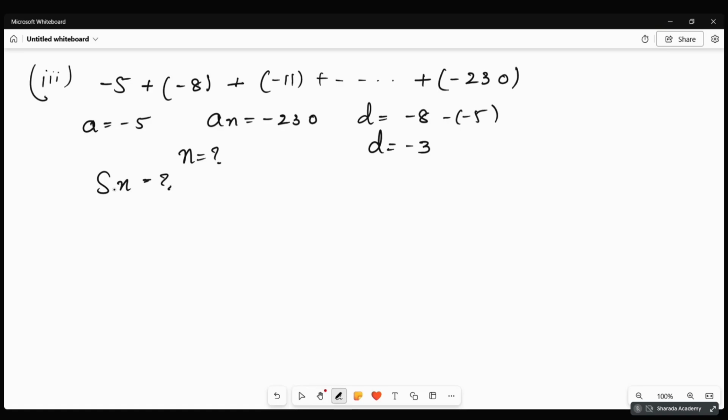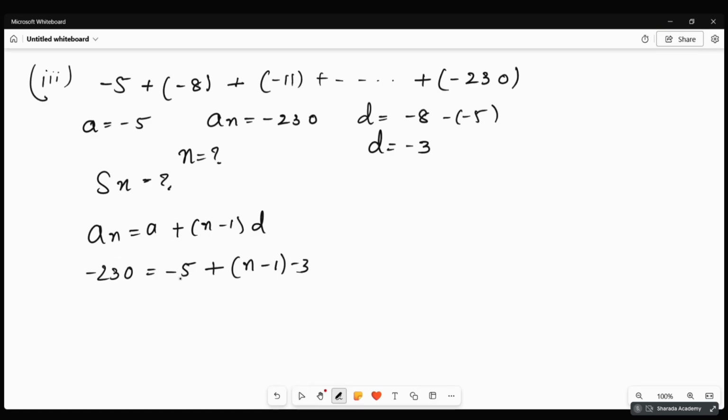So first find n. An is equal to a plus n minus 1 into d. An is minus 230, so that is equal to a, which is minus 5, plus n minus 1 into d. d is minus 3. Listen to this, any simplification, if you will understand.